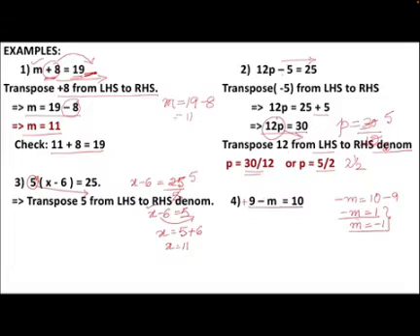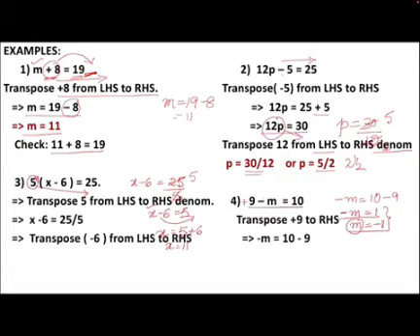Okay, but we generally keep this variable positive and make the value, if necessary, negative. In this case, it's necessary because minus m equals 1, so m will become minus 1. Now, this is how we have solved. You can see.